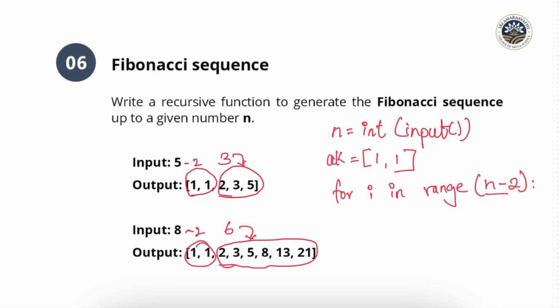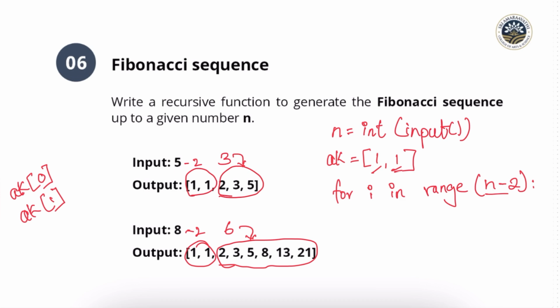After that, what I need to do is take the last two elements of the list. How can you take the last two elements of the list? See, if you print ak of 0, you will get this 1. If you print ak of 1, you will get this 1.